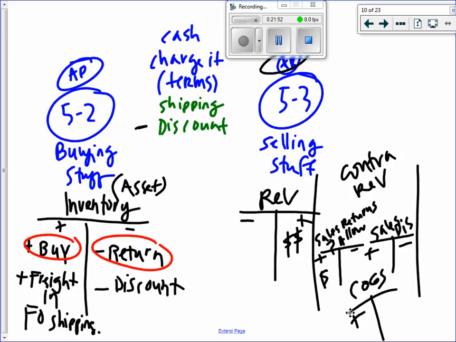Versus revenue, although this looks a little bit more messy, revenue is revenue, and then we've got these three contra revenue accounts that are offsetting that credit world. I like, from a teachability standpoint, I like this better because you can see it. Versus here, you're like, okay, some of it I can see, some of it I have to know what that means.